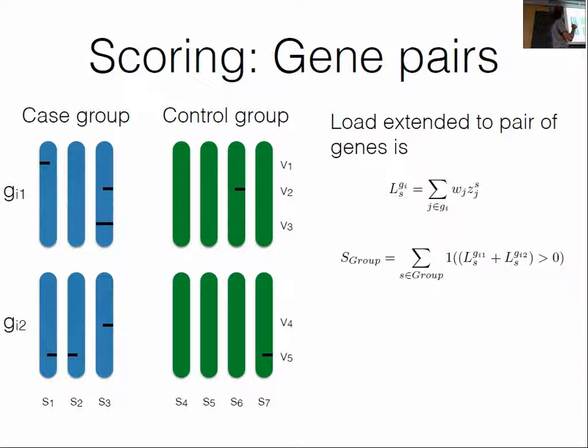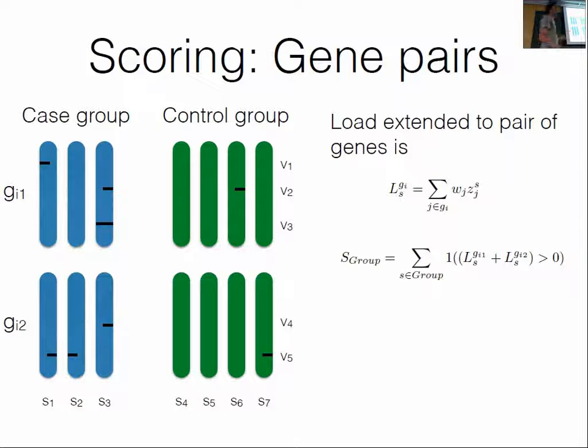The idea is the same as before for basic scores, where for a gene we have a weighted combination of the zygosity of the genotype in both the case and control groups. And then for the score, we bring together the scores computed for 2 different genes, and this for possibly all the pairs of genes.